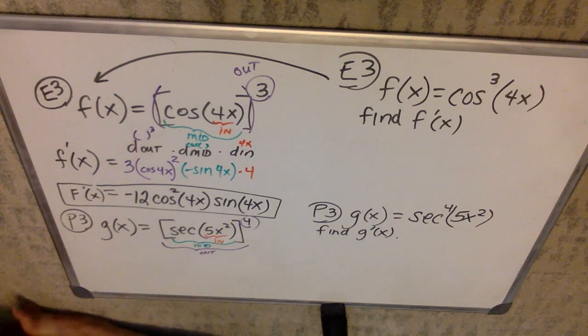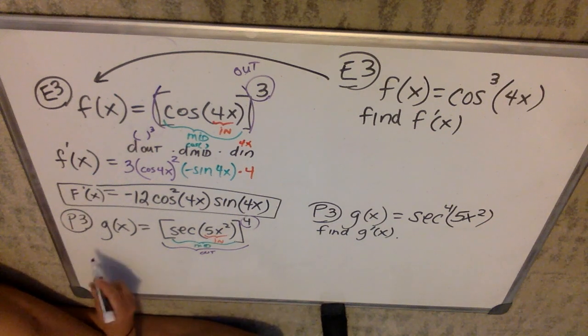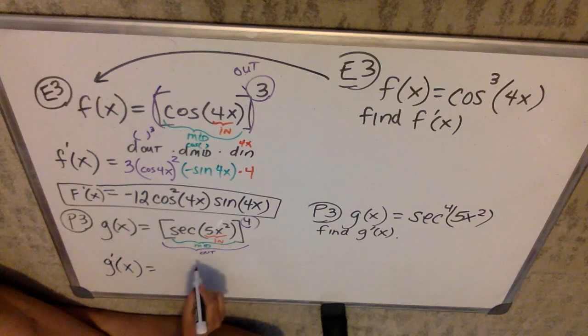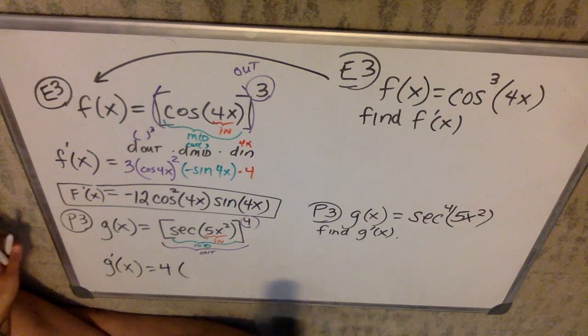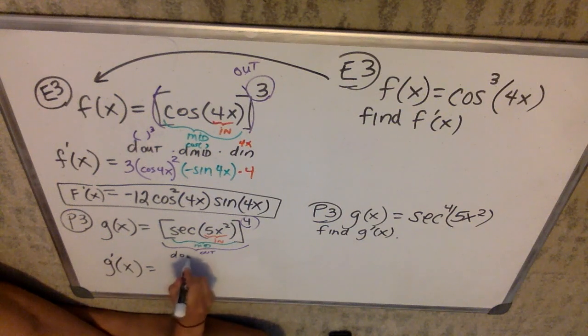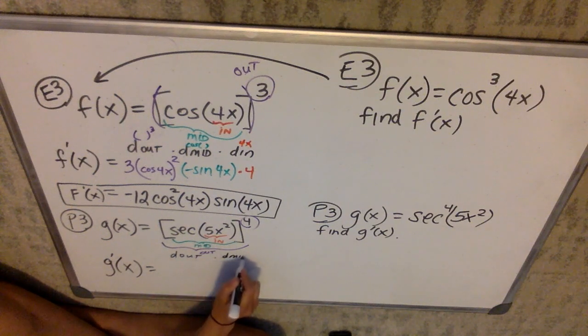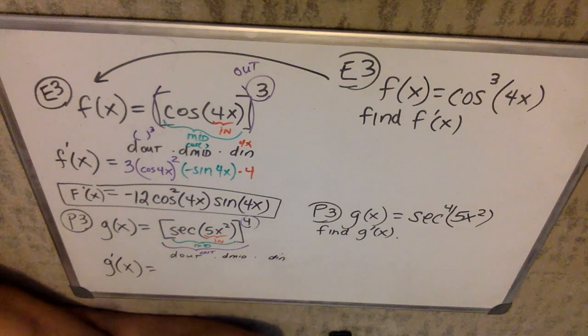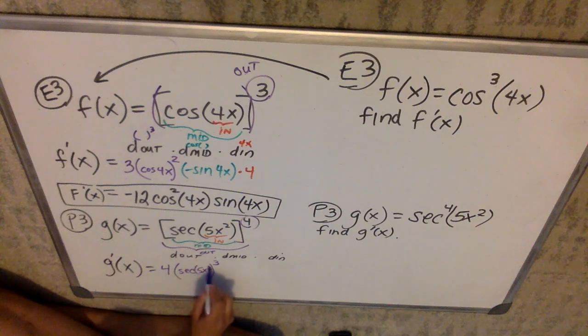So now when I go to find my g prime, I'm going to have g prime of x equals D out times D middle times D inside. Okay, so in purple, the derivative of my outside function would be 4 stuff to the 3rd, but the stuff was a secant of 5x squared, right?